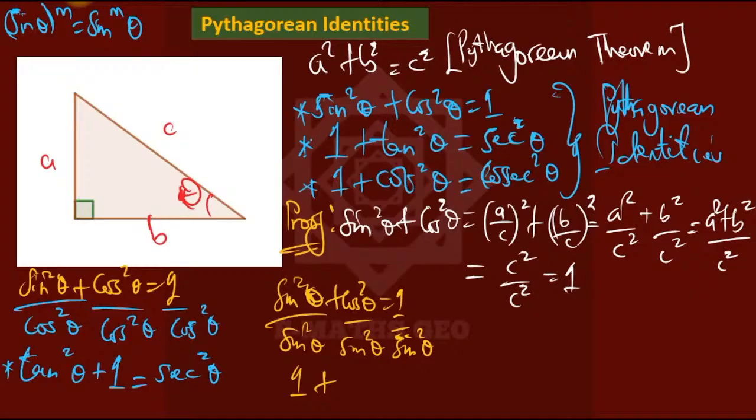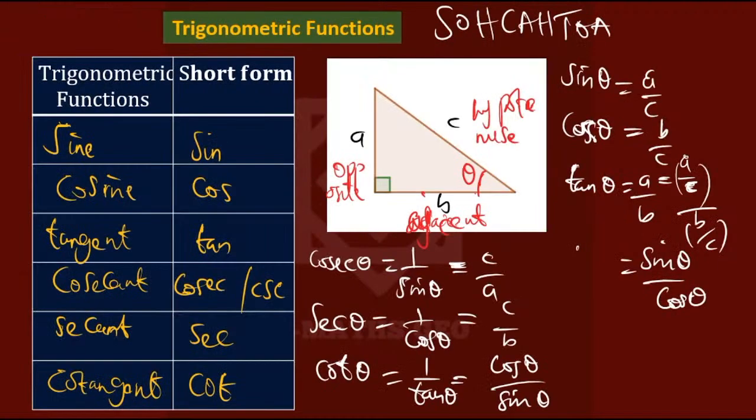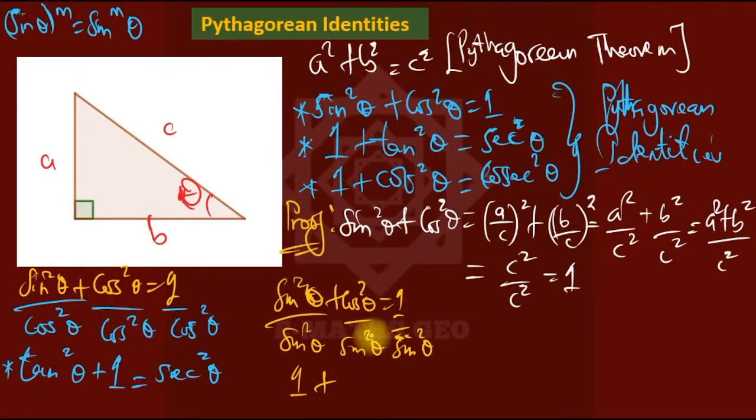Cos over sine is, remember, cot. Yes, cos over sine is cot. So because of the square, it's now cot squared. So 1 over sine is cosec, so we'll have cosec squared. So we've proved the identities. So that's it.